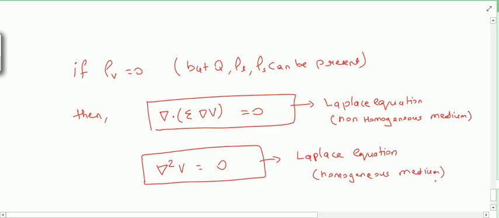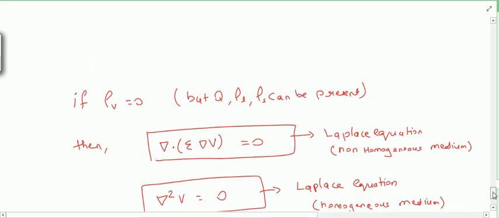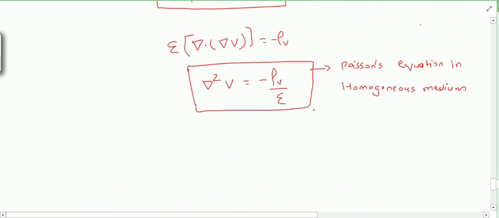Using these equations, if you want to find the potential for a surface having no volume charge density, you can use the Laplace equation. Or if it has volume charge density, you can use the equation for homogeneous medium and find the potential.